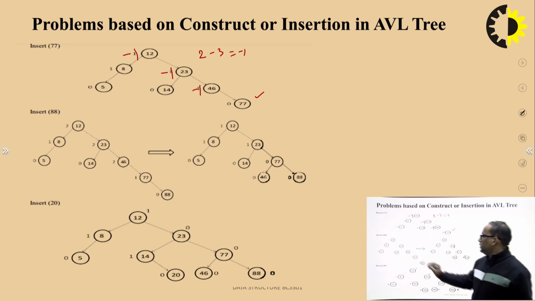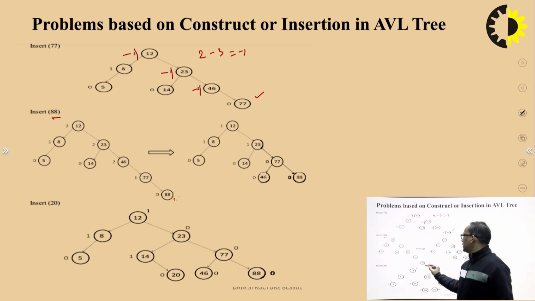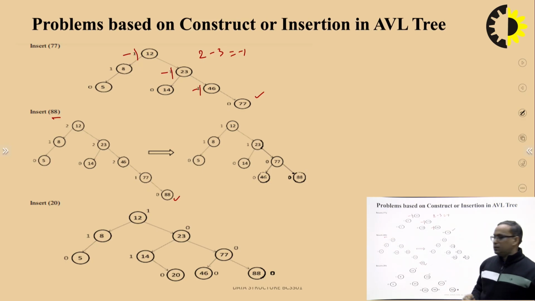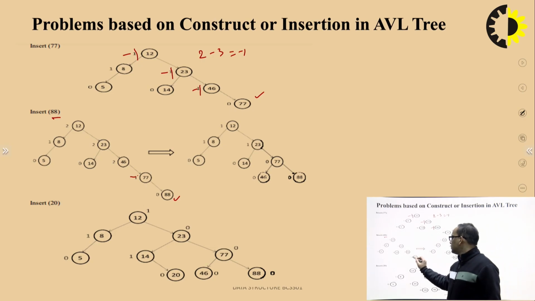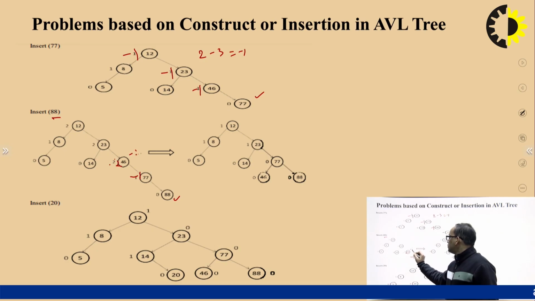Now we insert 88. So 88 will be inserted here. After inserting 88, balance factor of 88 is 0, balance factor of 77 is -1, and the balance factor of 46 will be -2, because there is nothing on the left and the right height is 2.